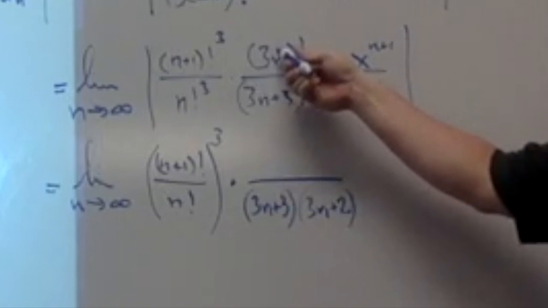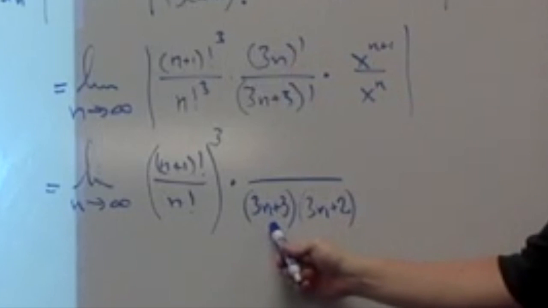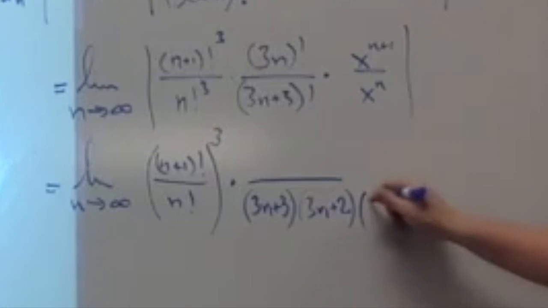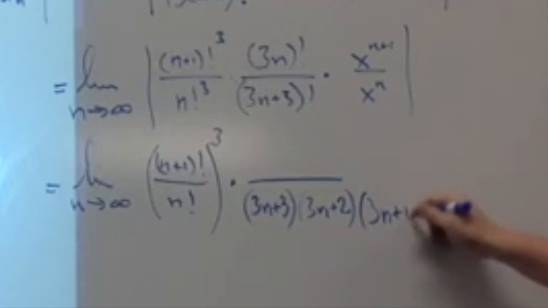Yeah, of all the ones that are smaller, the largest. And notice that there's nothing in the numerator for this to cancel with. There's nothing in the numerator for this to cancel with either, and nothing in the numerator for that to cancel with.